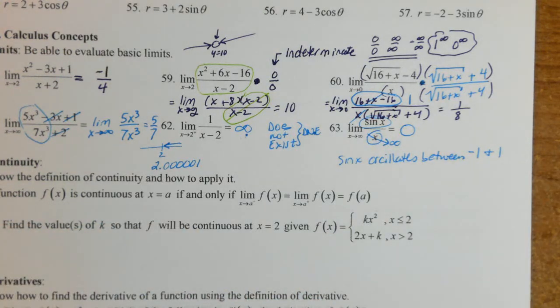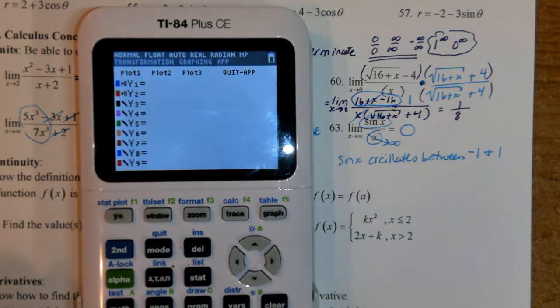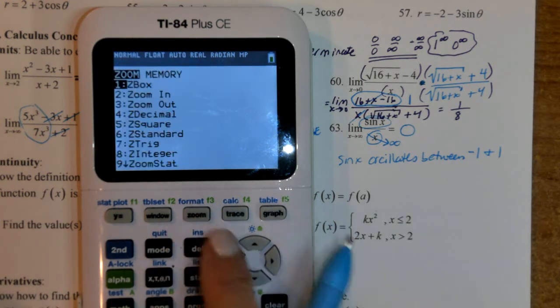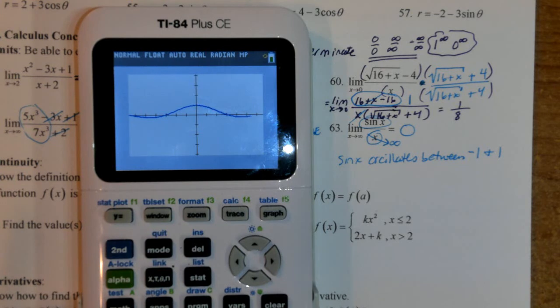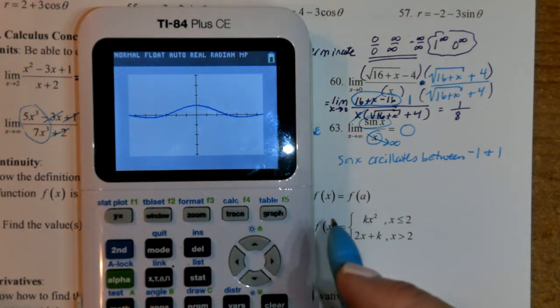You could confirm that. If you wanted to see what's happening on that one, we could go and take a look at the graph of sine x divided by x. And I'm going to just zoom for it. Okay, there it is from about 0 to 6-ish, right?